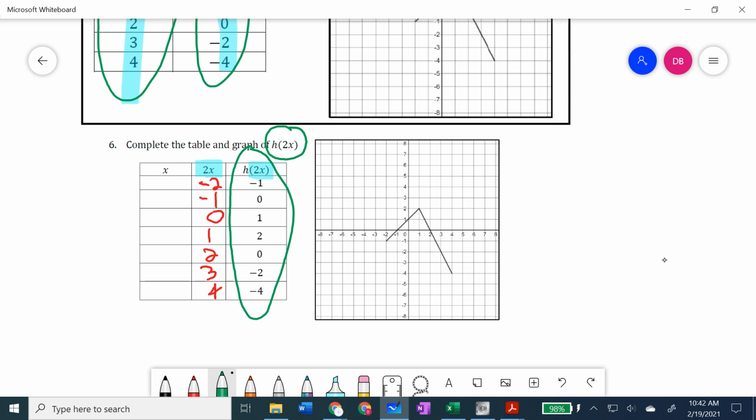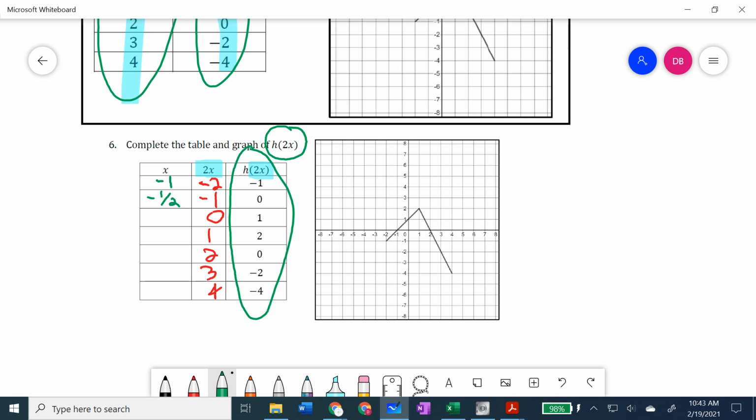So if 2x is -2, then x has to be -1. If 2x is -1, then x has to be -1/2 or -0.5, your preference, whichever.